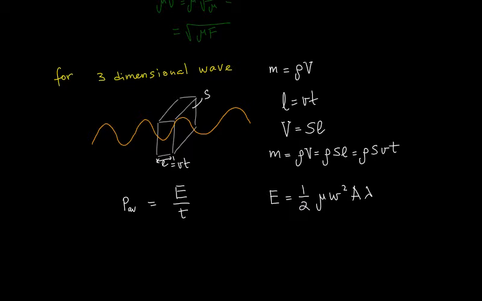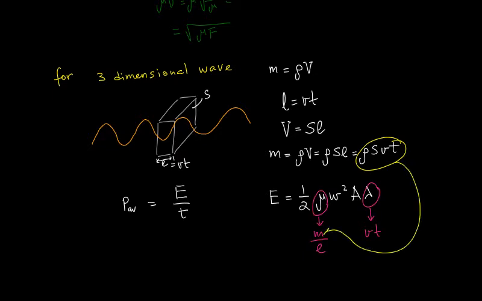Now we can manipulate this equation a little. We know that mu itself is m over L, and lambda I can write as V times T. Then I plug the rho S V T into the equation of m, and let's see what we get.